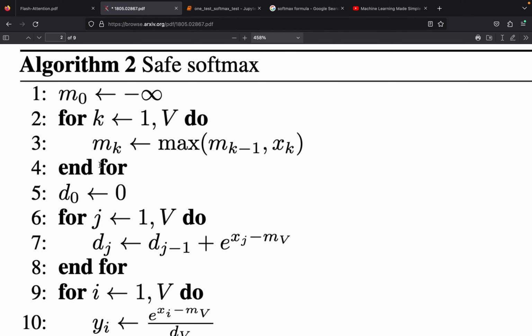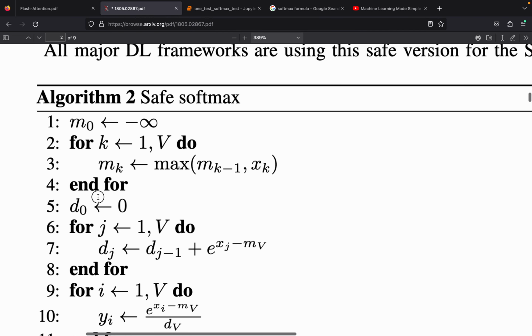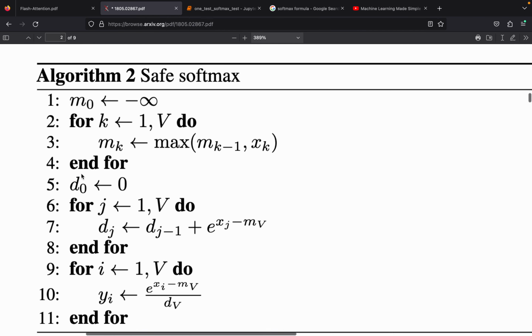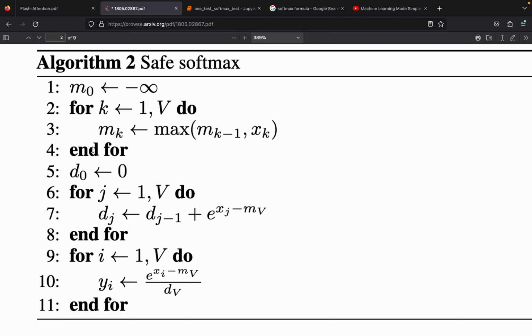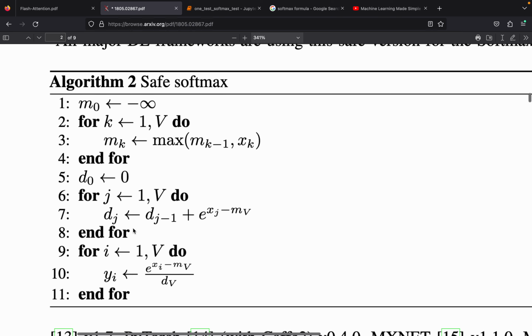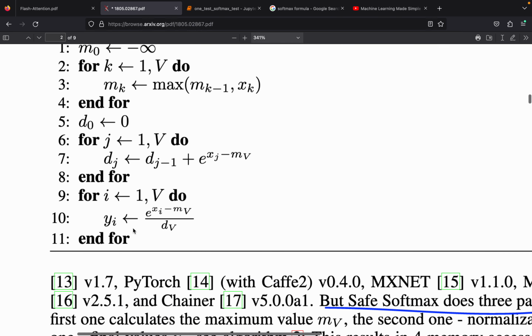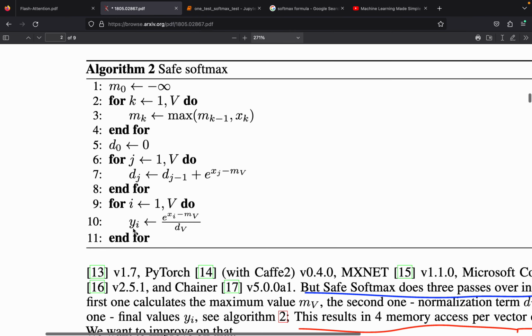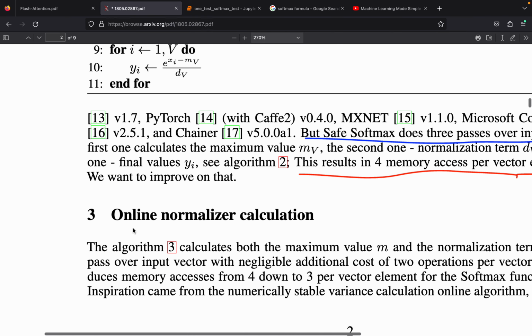In simple terms, is there any way we can merge the for loops which are shown here? Maybe we can merge this for loop with this one. Is there any way we can merge the for loops and have a single or two for loops which do the same job, right? And it seems like they have found an algorithm which does it, and we are going to look into that algorithm too, right?